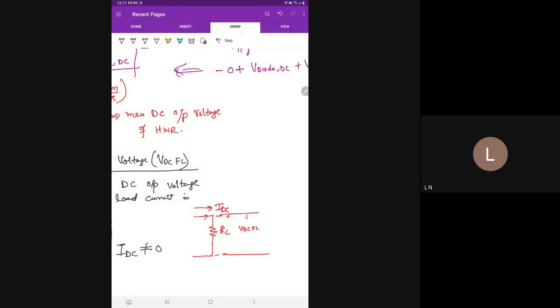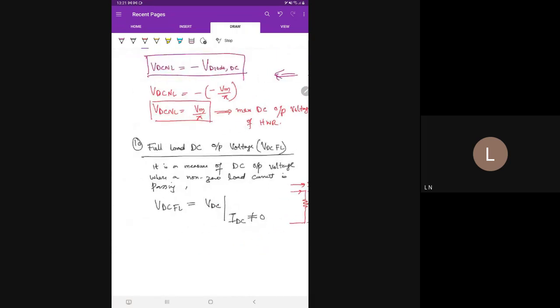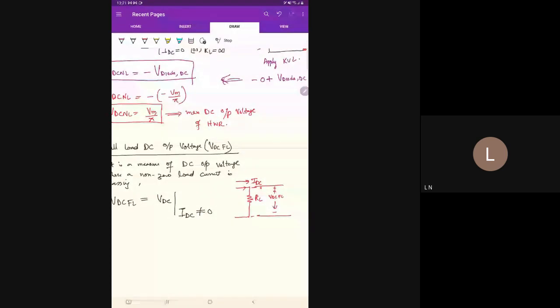VDC full load. This is plus, this is minus. When non-zero load current flows through the load resistor, it is known as VDC full load. What is VDC full load equal to? VDC full load is equal to IDC into RL, the current through the resistance into the load resistance.